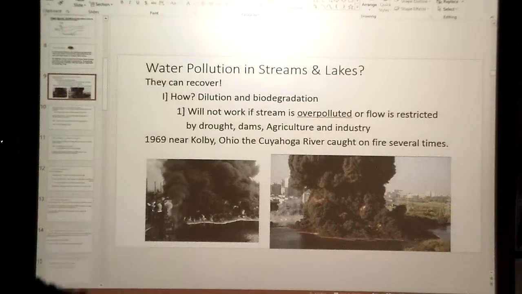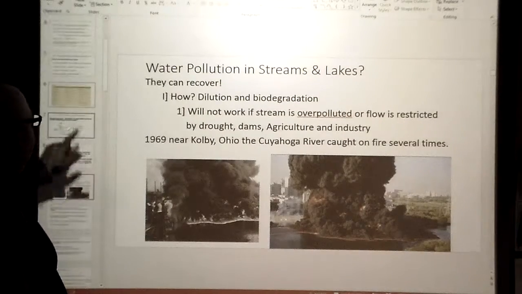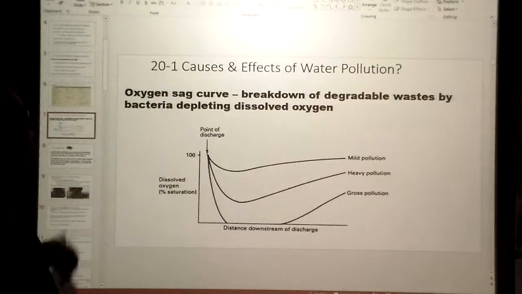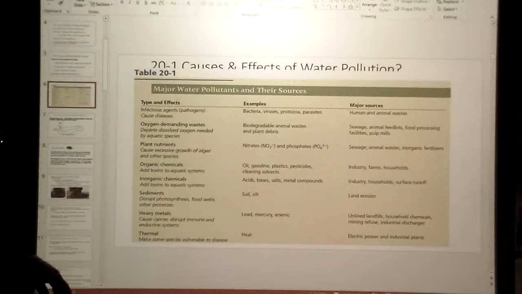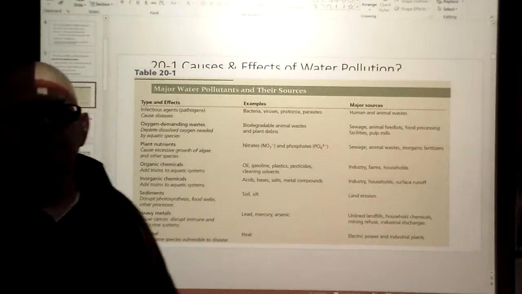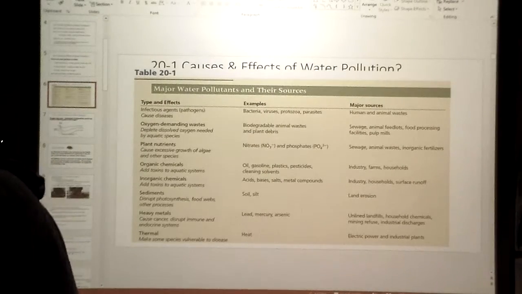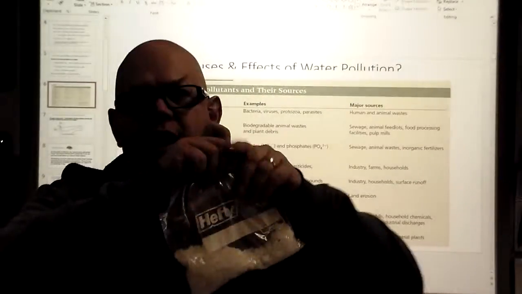We looked near the town of Colby, Ohio at the Cuyahoga River. The oxygen sag curve, you should know that one. And major water pollutants and their sources. This would be a big thing, including their effects. And I'm going to stop here because I've just run out of time.